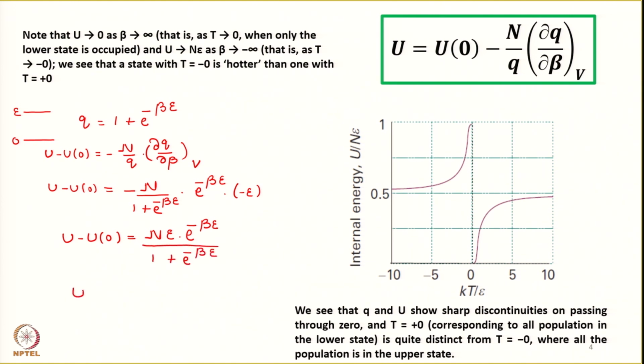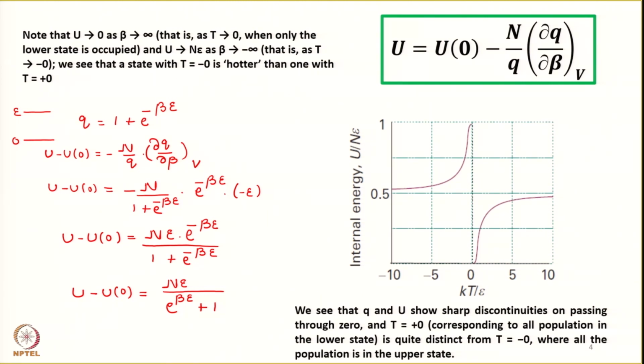I can rewrite this by multiplying and dividing by exponential beta E, to get N E over exponential beta E plus 1. This is how the internal energy will vary with the temperature.